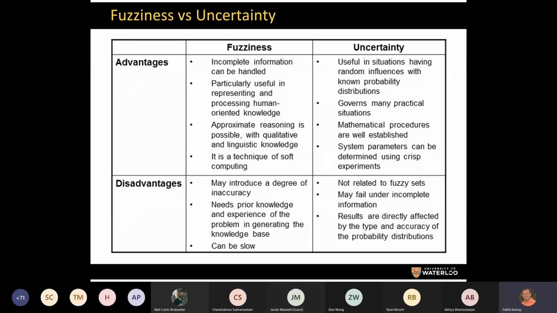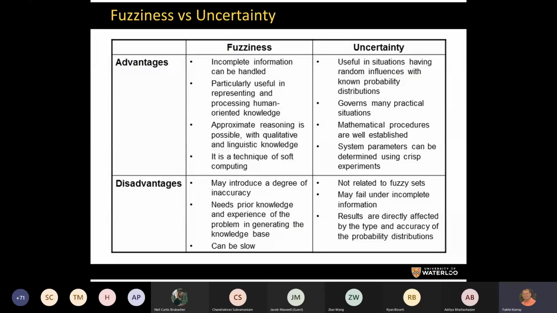Looking at the advantages and disadvantages, among the advantages, incomplete information can be handled by a fuzzy logic system. Uncertainty is useful in situations having random influences with a known probability distribution. Whenever you have a probability density function that represents a distribution, you have quite a bit of knowledge with which you can represent a priori and a posteriori events for that particular system.